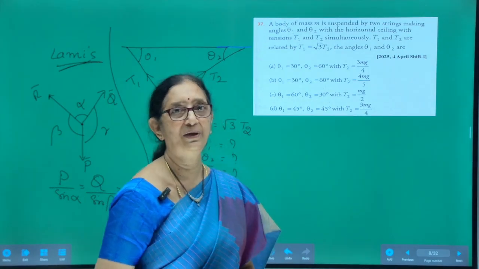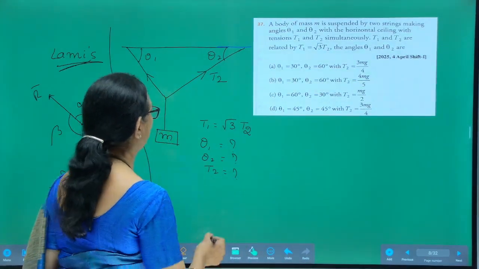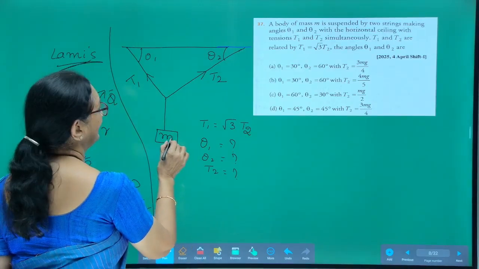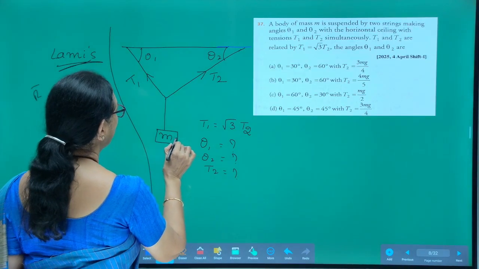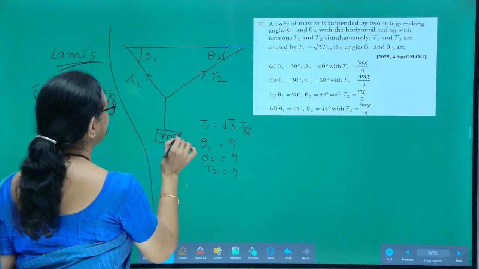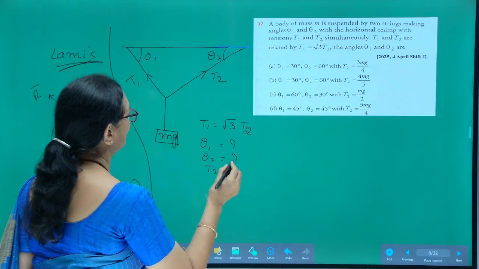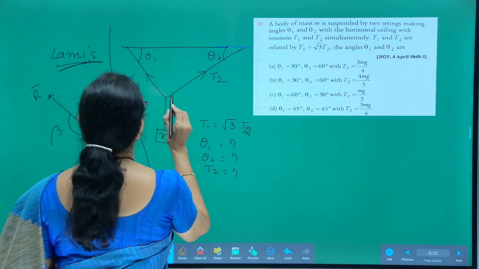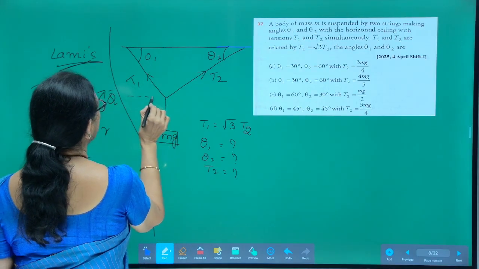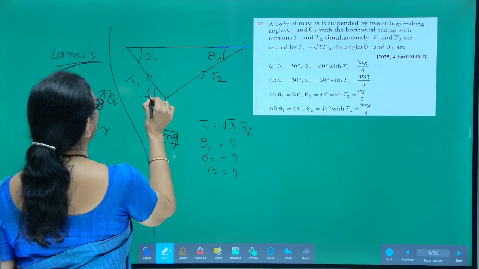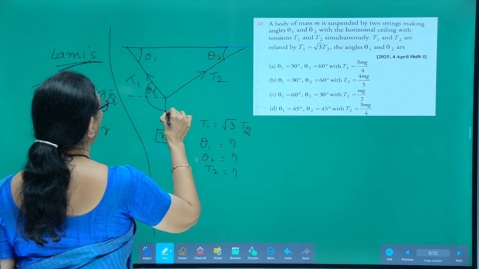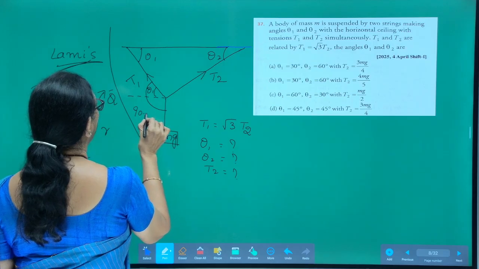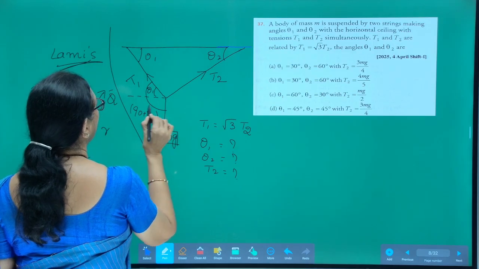Now, we are going to apply Lami's theorem to this problem. Here, if mass is m, weight becomes mg, right? This is theta 1. So, this angle becomes alternate angle theta 1. The total angle becomes 90 plus theta 1.